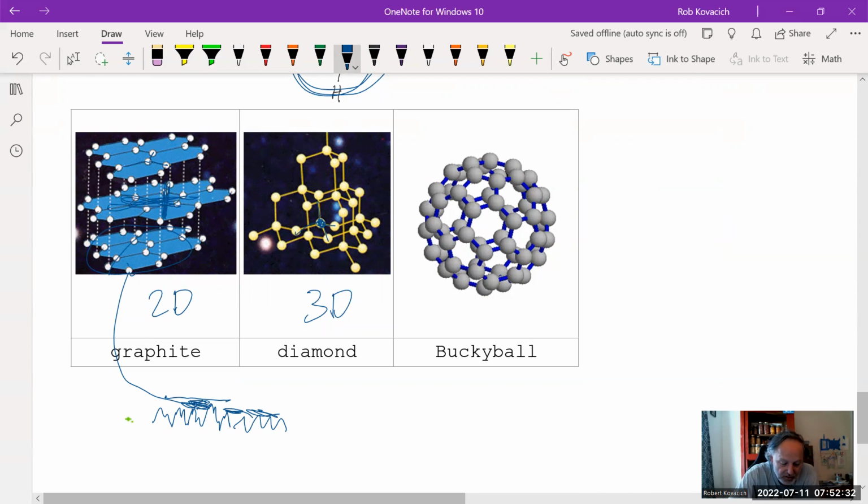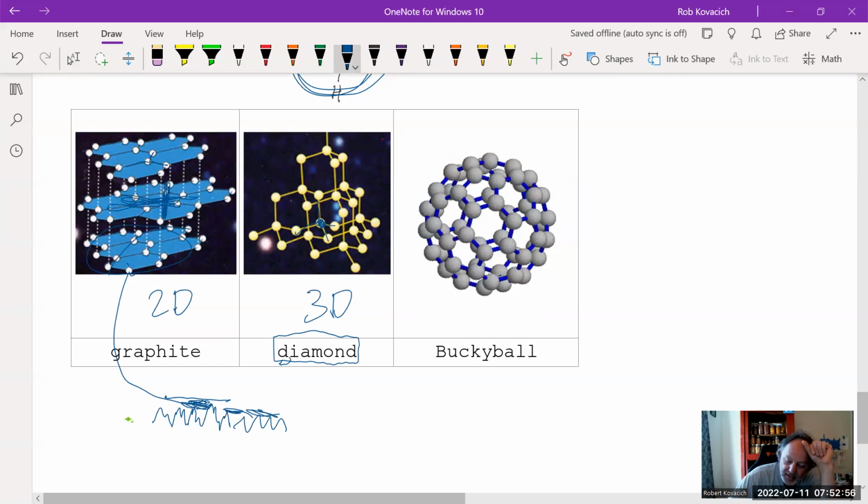But vertically connecting the individual graphite sheets, it's very weak. But since this is the 3-dimensional structure and the carbon atom has something above it and below it, behind it and off to the side, this is strong. So strong that diamond is the strongest substance in nature.